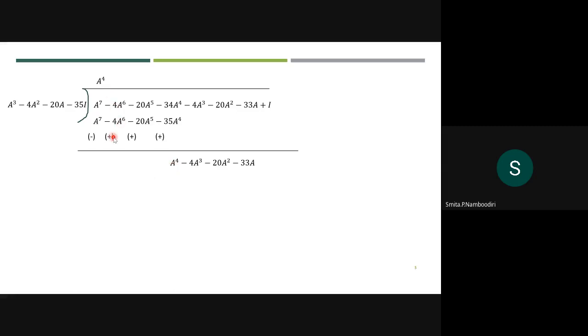That term is a here, so plus a, तो फिर से मल्टीप्लाई करना है, पूरे इसको a से मल्टीप्लाई करना है, तो we will get a raised to 4 minus 4a cube minus 20a square minus 35a.